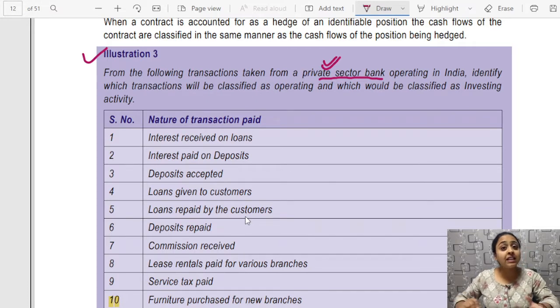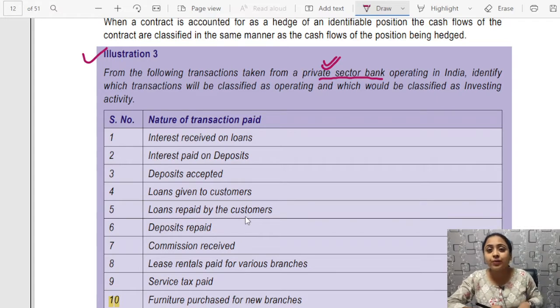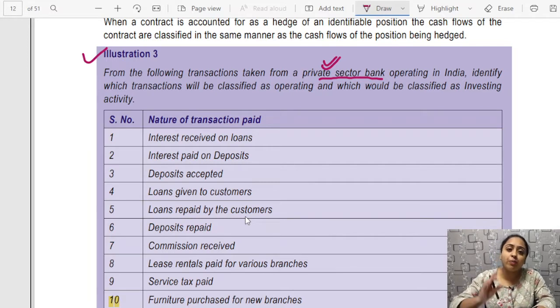If you were any business other than banks, then such interest, dividend paid or received will always be treated as financing and investing activity. Since here the core business is bank, for such bank the interest and all such money, cash and cash equivalents, saving interest and all is always part of operating.